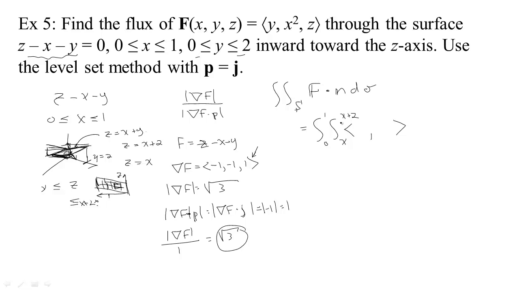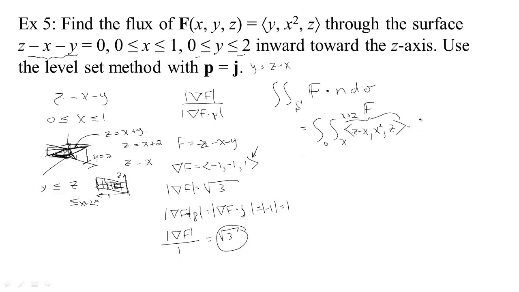Well, if I'm in the xz plane, I know what my x is. So that's going to be x squared and that's going to be z. But I need to figure out what the y value is. But I can solve this equation for y to get y in terms of z and x. So since z minus x minus y is 0, y is z minus x. So now what I've done is I've written my vector field bold F in terms of x and z, so in terms of the location within the shadow here.